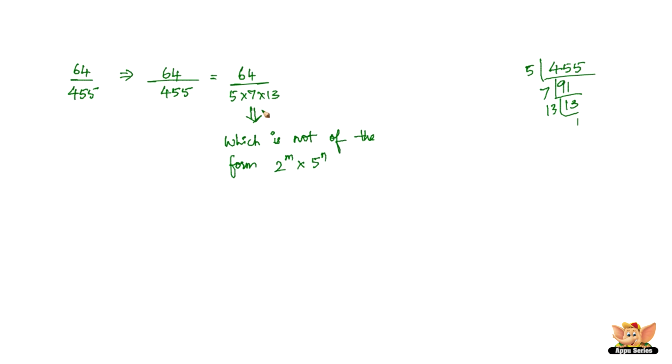Definitely, right? It doesn't even have a 2. Plus it's got 7 and 13 and all those things which cannot be written in terms of 2 and 5. So definitely 64 by 455 is a non-terminating repeating decimal expansion.